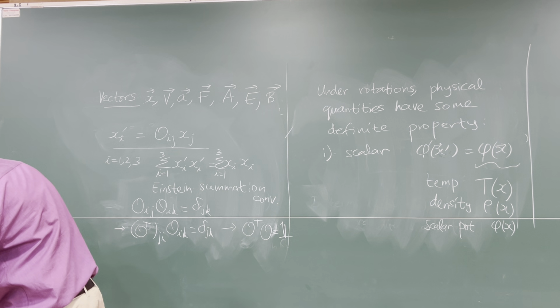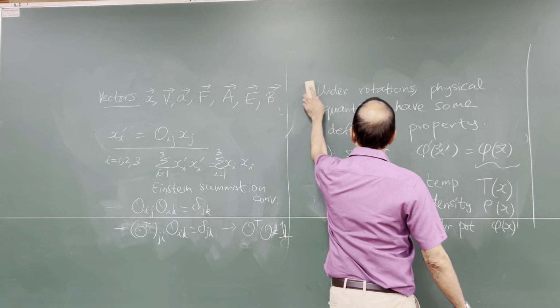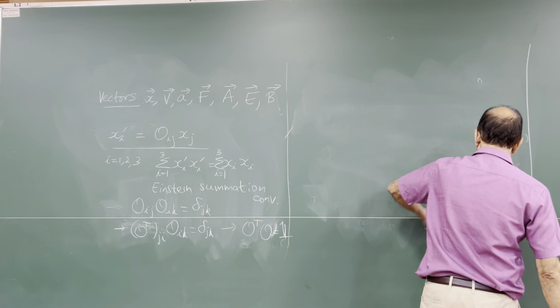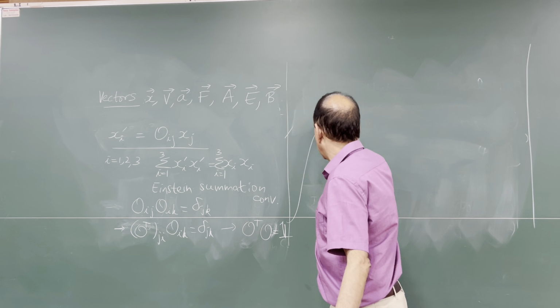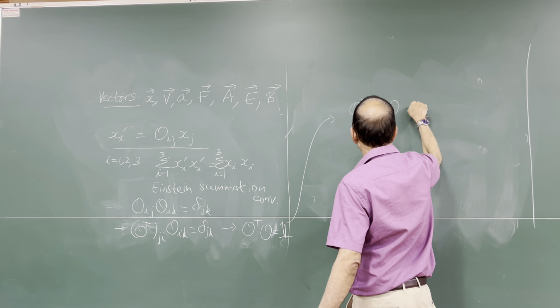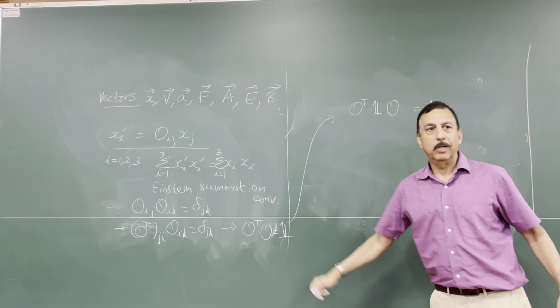Okay. Now what about these physical quantities? Okay, before I say that, let's also write this equation in one form which will be useful, if not today then tomorrow. We can also write this equation as O transpose 1 O equals 1. I just put a 1 in between, it's quite harmless.